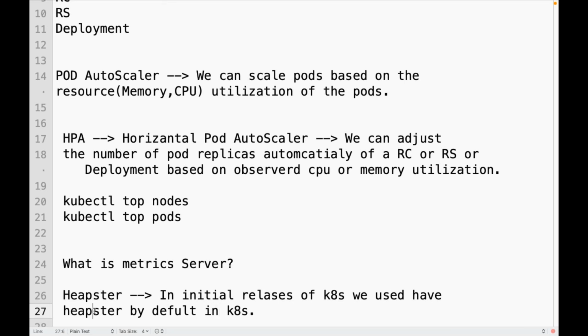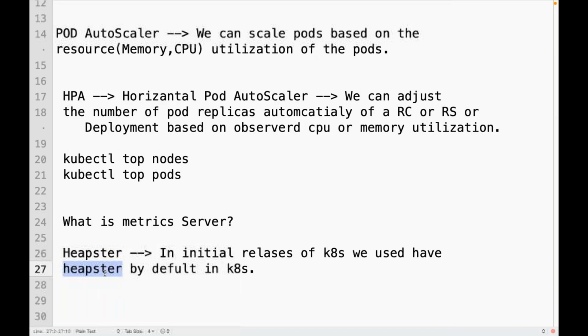This Heapster also used to get that information, but it is heavyweight. It requires a lot of CPU, a lot of memory. So what they have done, they have removed this Heapster. They introduced metric server, a very lightweight application, which is gathering the metrics.